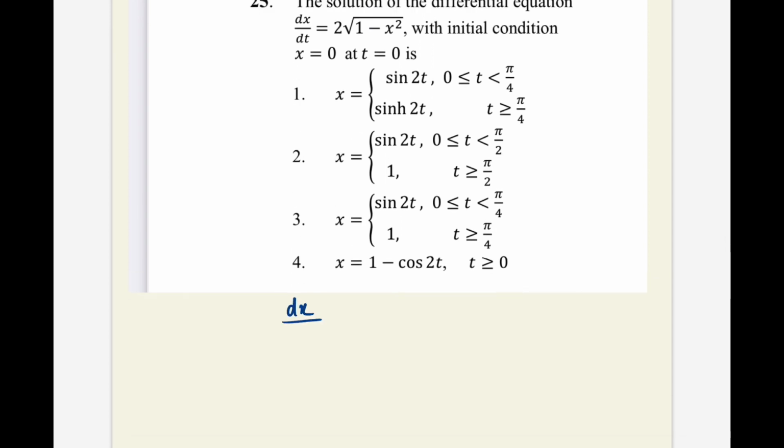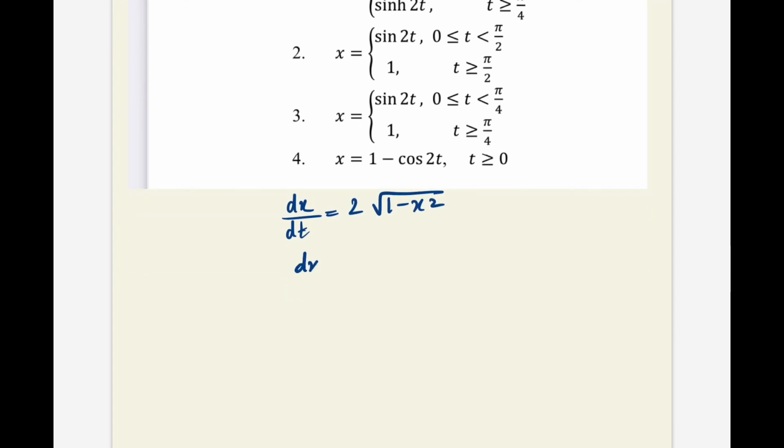Given dx by dt equals 2 under root (1 minus x square), we get dx by under root (1 minus x square) equals 2 dt.